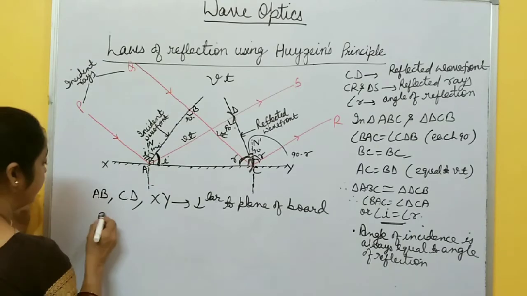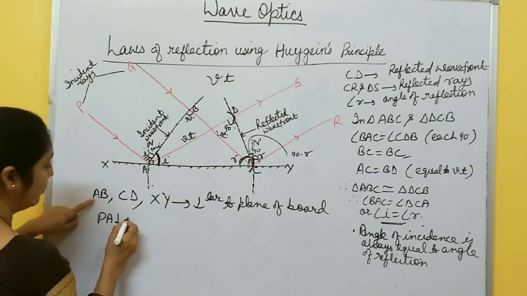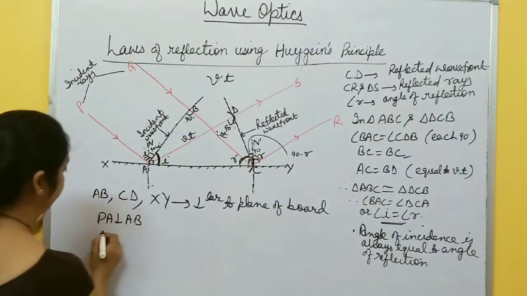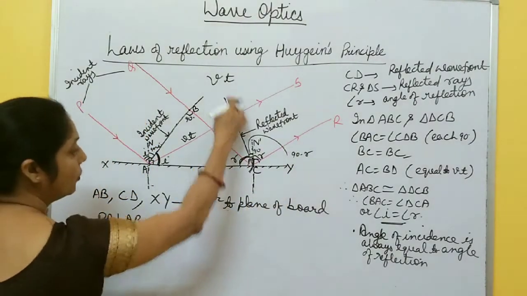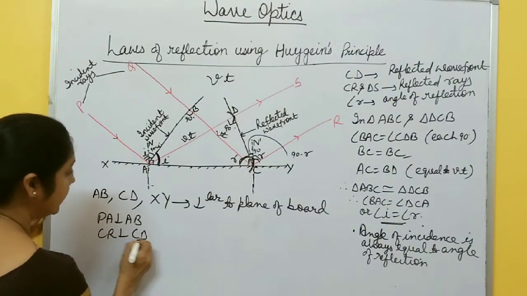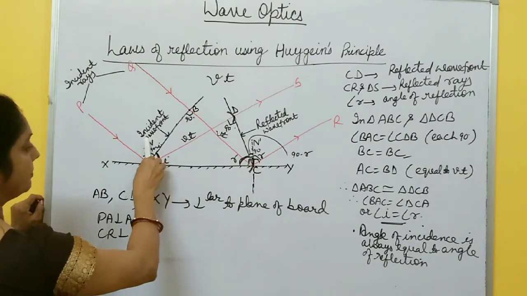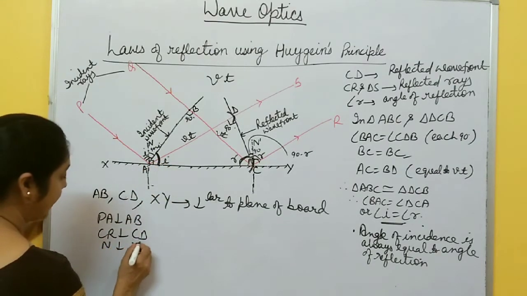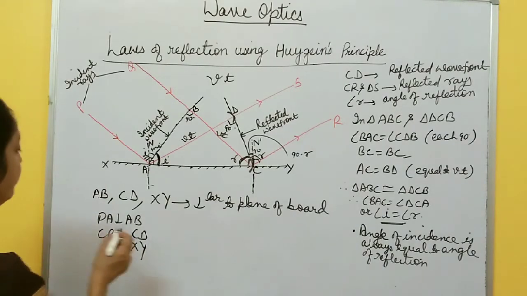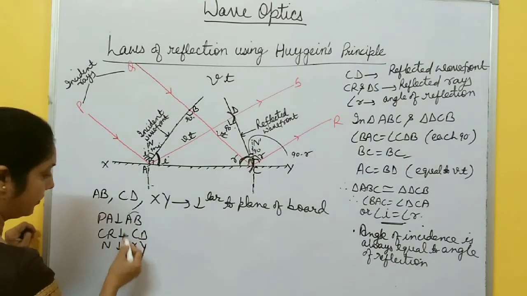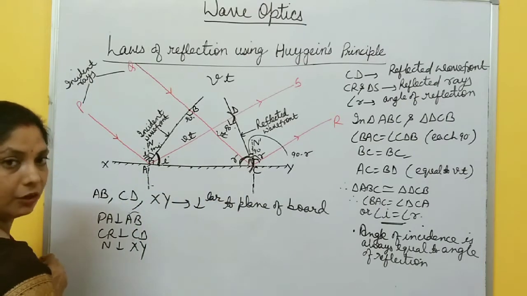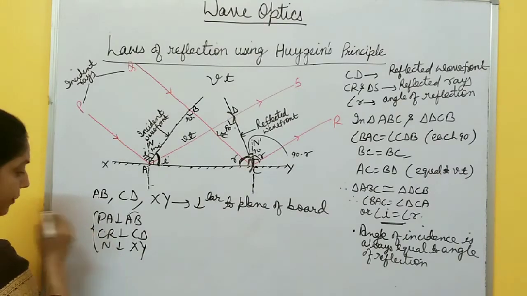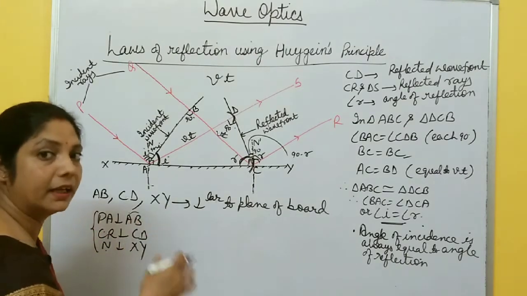So this PA is perpendicular to this AB incident wavefront. Again CR, reflected ray, is perpendicular to the reflected wavefront CD, and also this normal is perpendicular to this reflecting surface XY. If all these three are perpendicular to the plane of board, it means all three, incident ray, reflected ray and normal, are in the plane of paper.